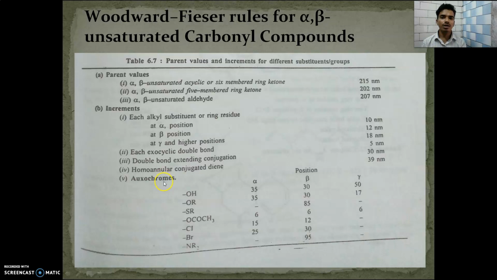Other increment values are for auxochromes such as OH, OR, SR, chlorine, bromine and so on. For a methoxy group containing compound, the alpha, beta and delta positions are 35, 30 and 50 respectively for OH and so on.